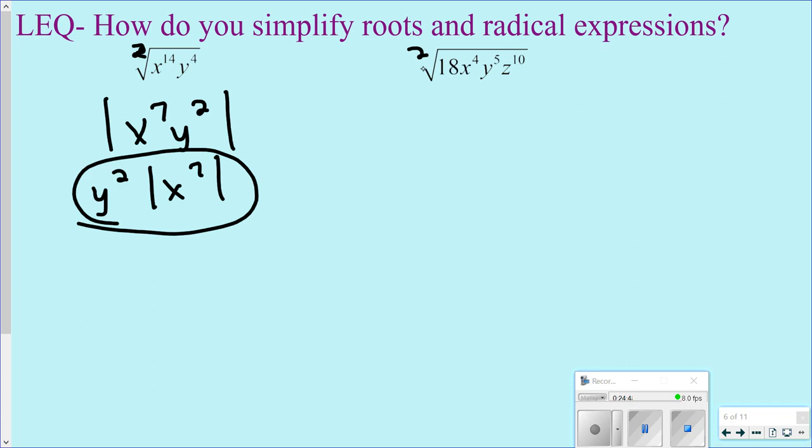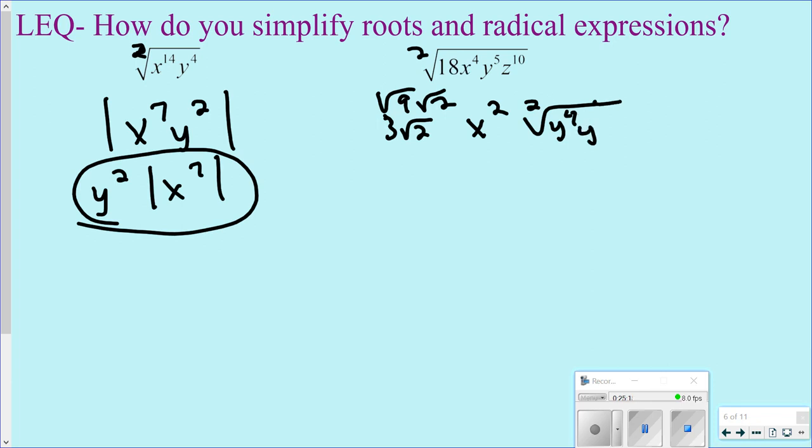Next, simplifying the square root of 18. Well, you're pretty good at simplifying square roots. You've been doing it for a long time, so that should be quick and easy. Square root of 9 times square root of 2, 3 square root 2. So that's the number piece. Next, we're dividing 4 by 2, and we're getting 2, so x squared. Next, 5 divided by 2 doesn't go in evenly, so I'm breaking down that y to the 5th into y to the 4th, because the 4 does divide evenly.